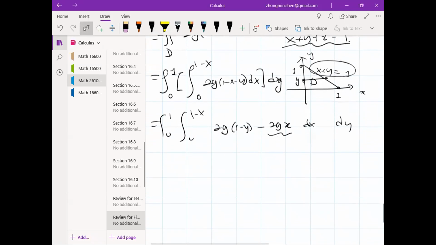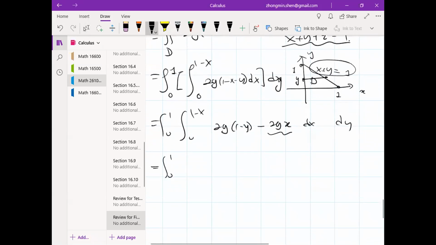So it's 2y, 1 minus y, and then it's constant. When you take it out, there's 1 minus x minus y, that would be x squared. Hold on. No, this is a y, not x.